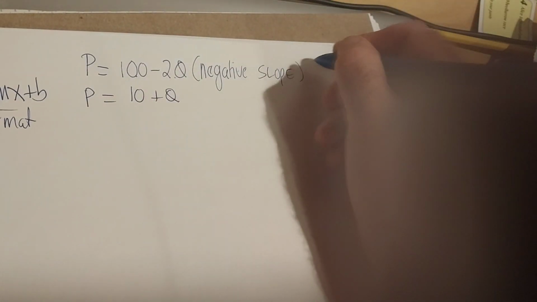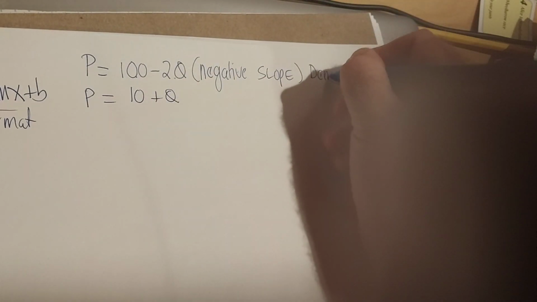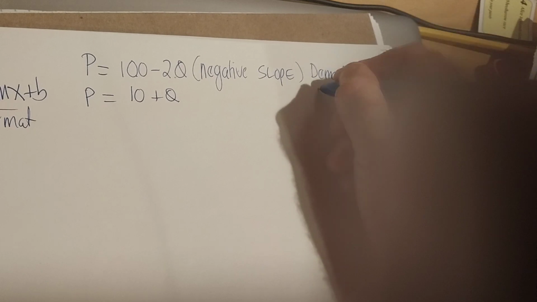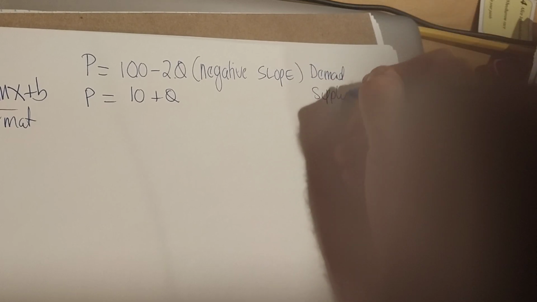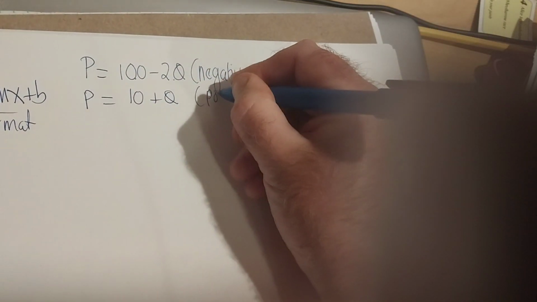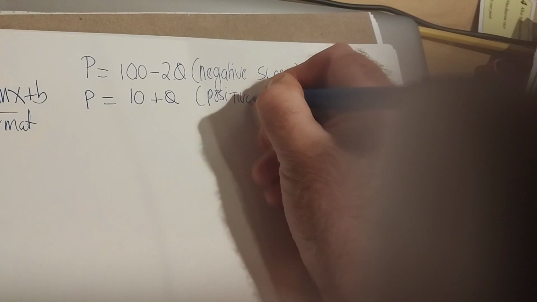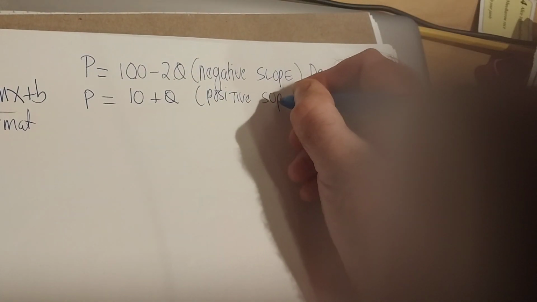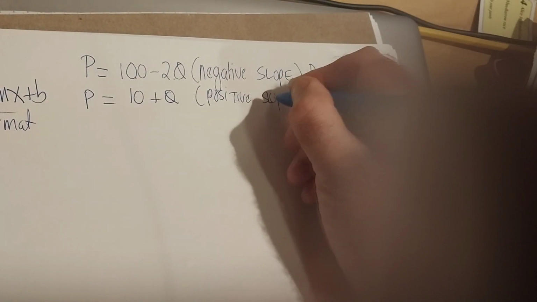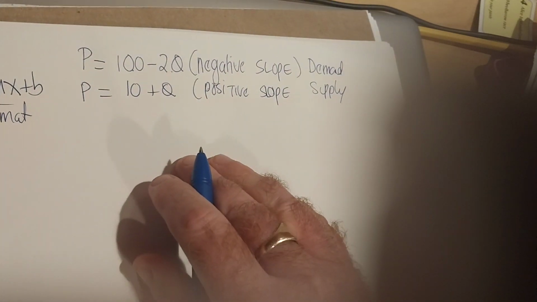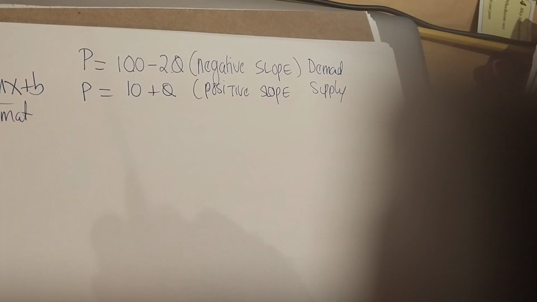And then we also have P equal to 10 plus Q. So this is demand. And this is supply. And this is a positive slope. So what does that mean? What it means is that basically, the more I get to charge, the more I want to sell.